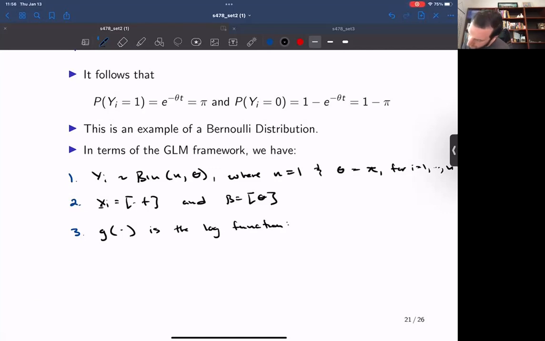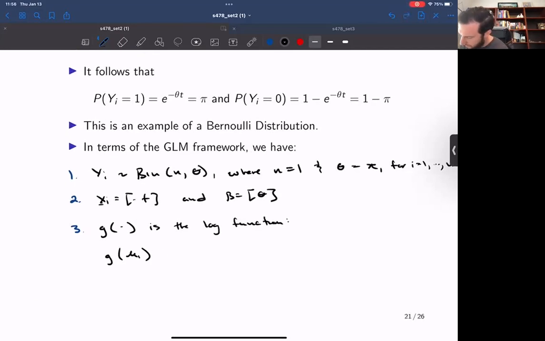So we could write g of mu i is equal to g of the expected value of yi, which is equal to g of pi, which is going to be log pi. Therefore, log pi is equal to negative theta t.